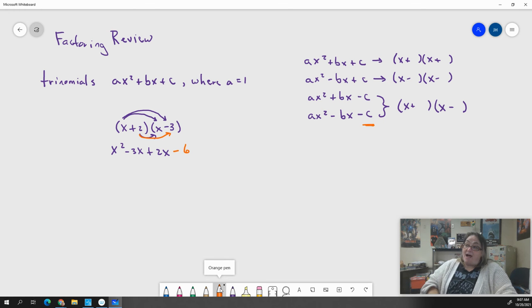If these are both positive, this c term's going to be positive, right? Because I'd be multiplying 2 times positive 3, I'd get 6. If this was negative, I'd have negative 2 times negative 3, which would also be a positive 6, right? So the only way to have a negative c term is if I have a positive and a negative factor.